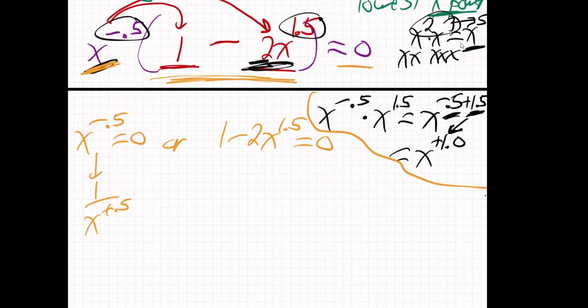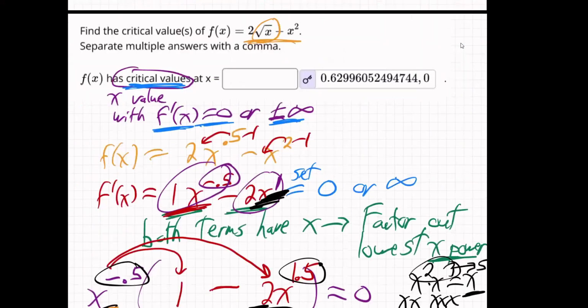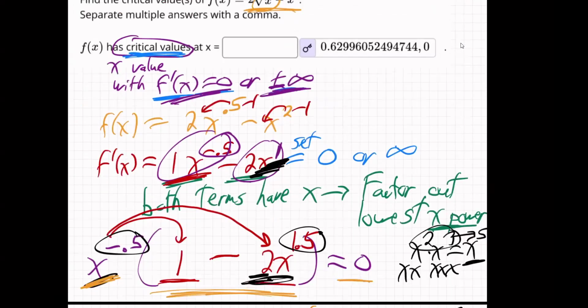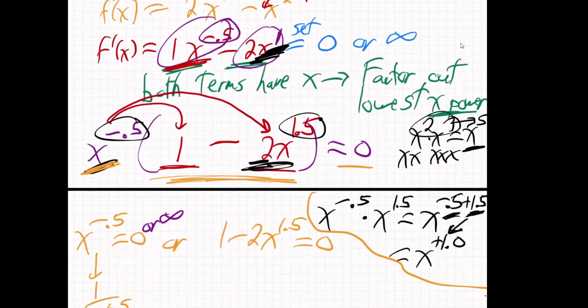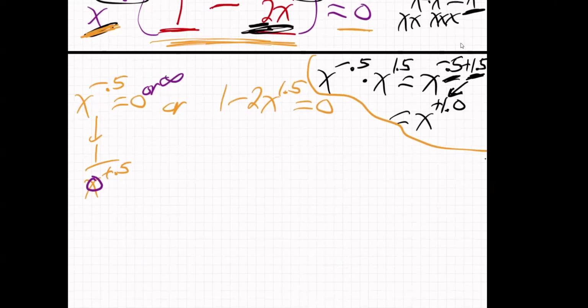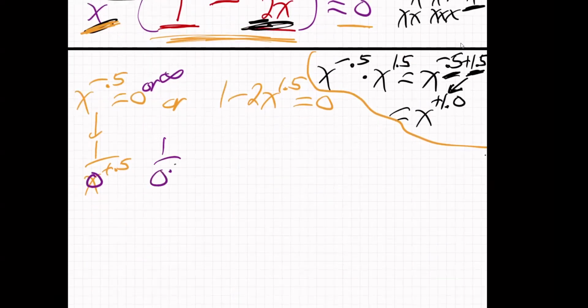Okay, great. So what? So do you realize I should have said 0 or infinity. Remember, from the beginning, that's what a critical value is: any place the derivative is 0 or infinity. And notice that when we took the derivative, if x happens to be 0, then this is 1 over 0 to the 0.5.